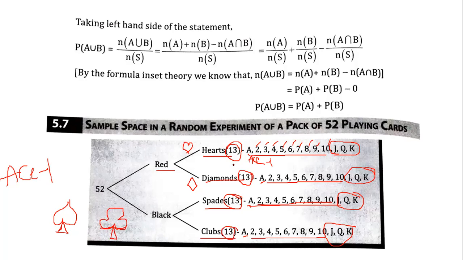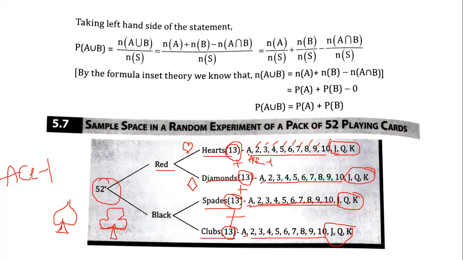So 13 plus 13 plus 13 plus 13 will give you 52 cards. In 52 cards there will be 26 red cards and 26 black cards. In the 26 red cards you will have 13 hearts and 13 diamonds, and in the black cards 13 spades and 13 clubs.